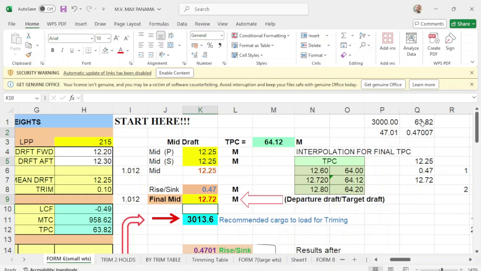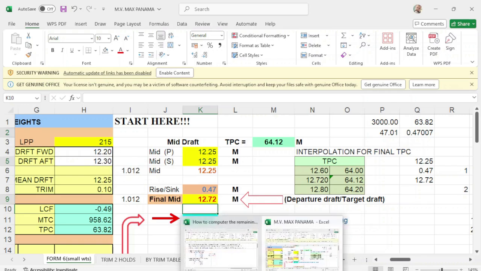I will not erase this one so that you can follow. Now, this initial draft of 12.20 forward and 12.30 aft, you are plotting at a density of 1.012, which is this one, guys.